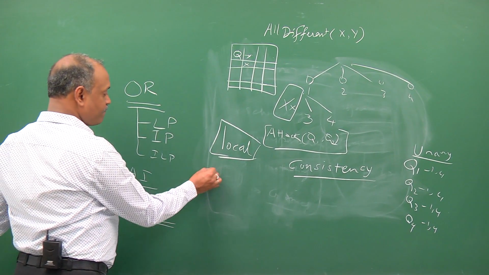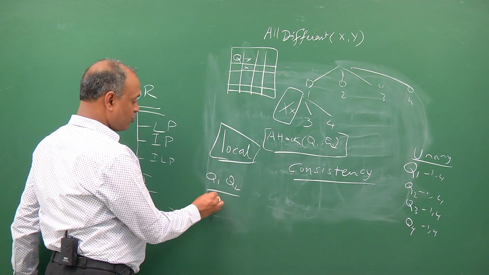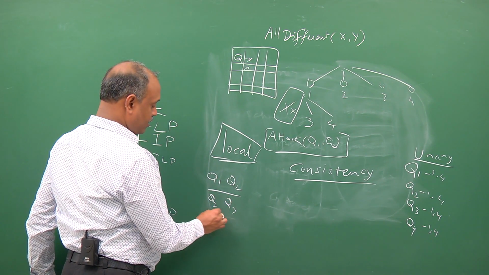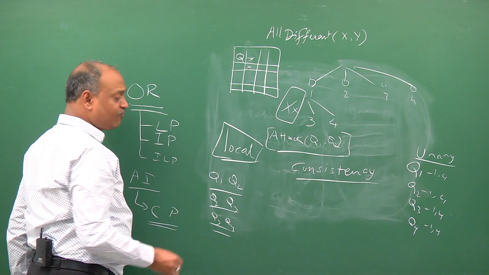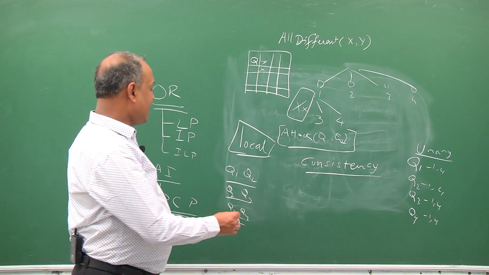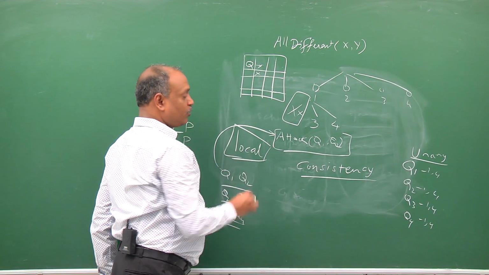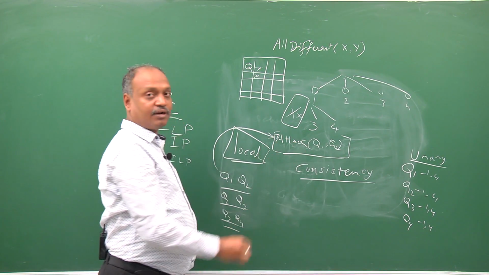Now coming to any two, let's say Q1, Q2 or Q2, Q3 or Q3, Q4, any pair of variables, there we have the constraint that they should not attack each other.